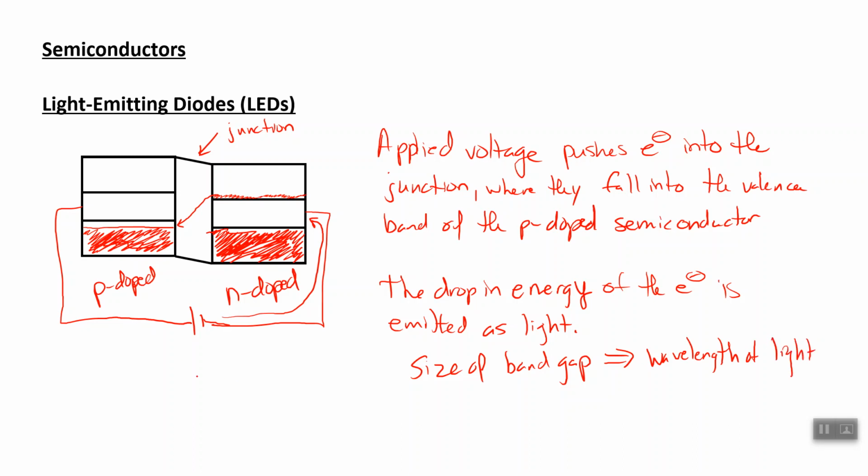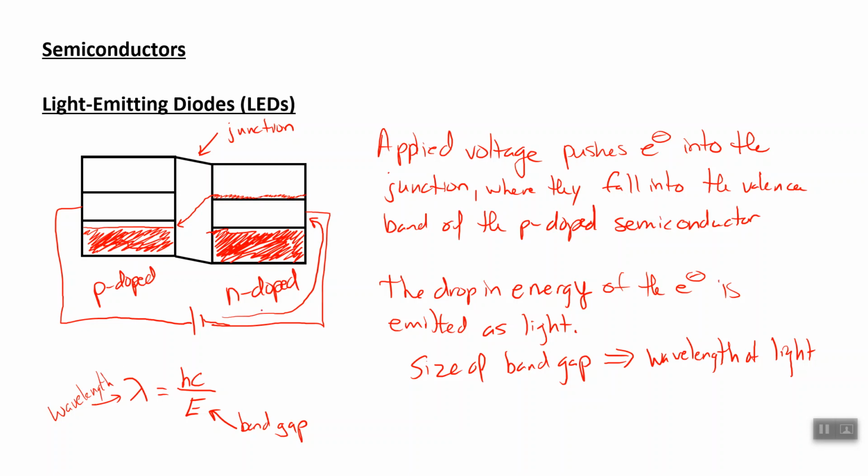And so if we get the band gap exactly right, we can say that the wavelength of light that's emitted comes from Planck's constant times the speed of light divided by the energy of the band gap, right? So here's our band gap energy. H is Planck's constant, c is the speed of light, and this is the wavelength of light emitted. Right? So this is wavelength.